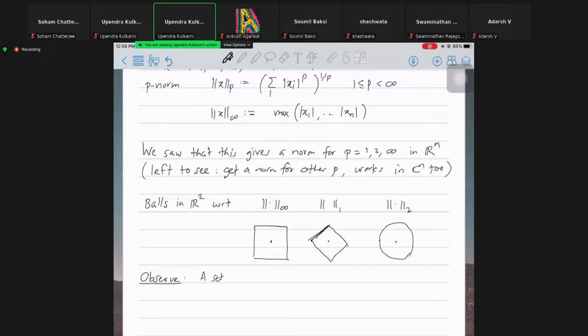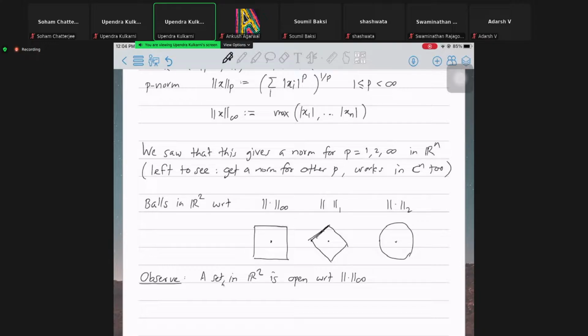Observe a set in R2. Let's go in order. So let's give a name to this set.